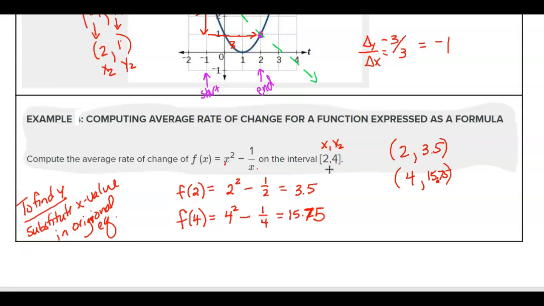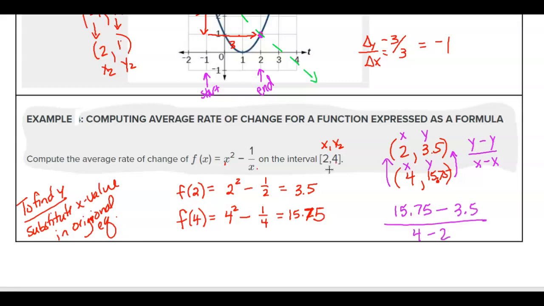So then we're going to do y minus y over x minus x. Remember, these are x values, and the second number is the y value. So you could subtract these in any order. I always like to do the biggest number first, so I'm just going to subtract going up. So I've got 15.75 minus 3.5 divided by 4 minus 2.